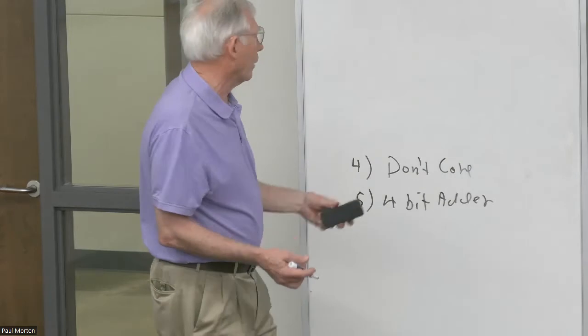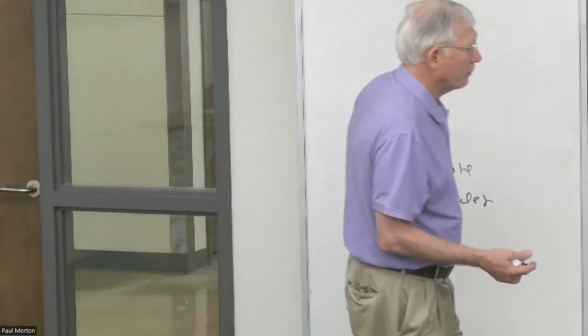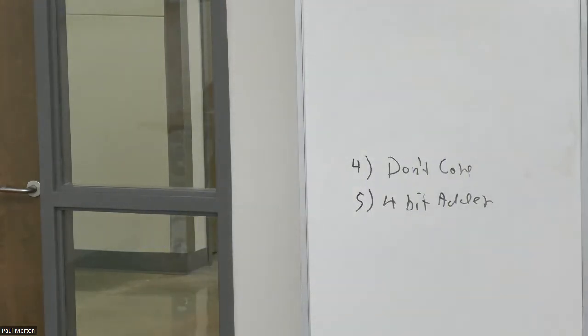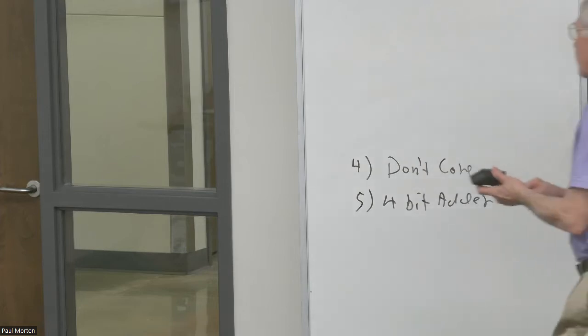And then the don't care. This may be a little bit tricky. And what's really interesting is you'll see how helpful the K-maps are, because they just do this for you.